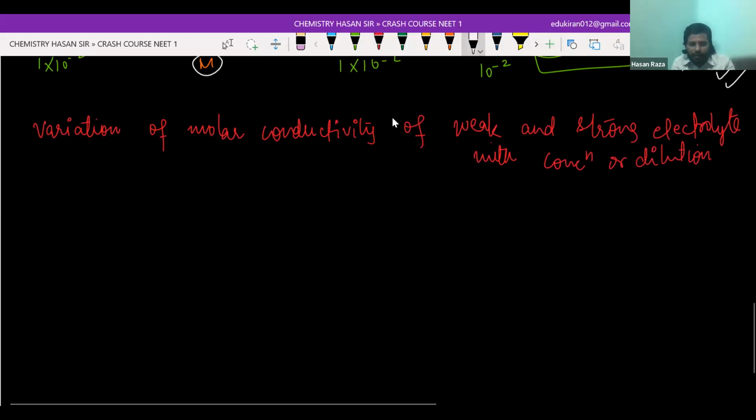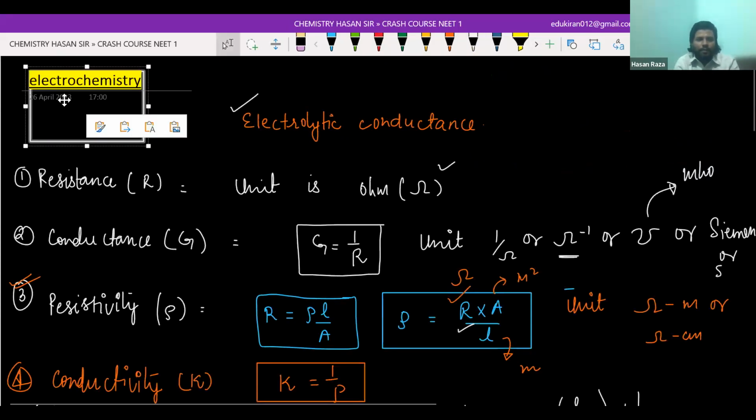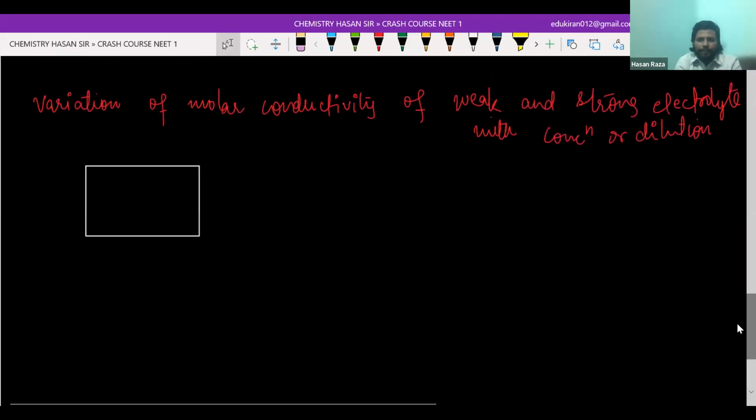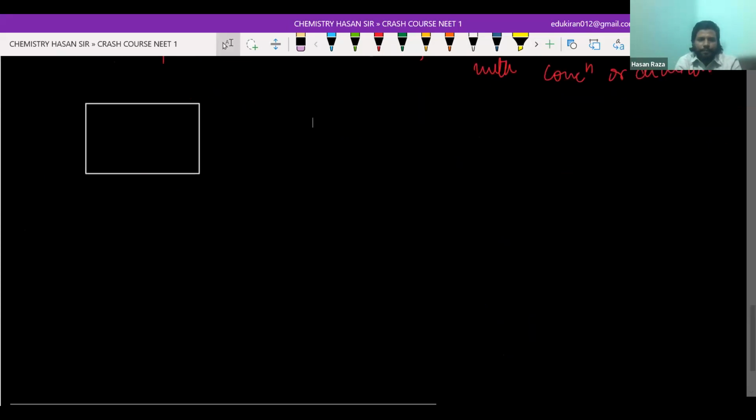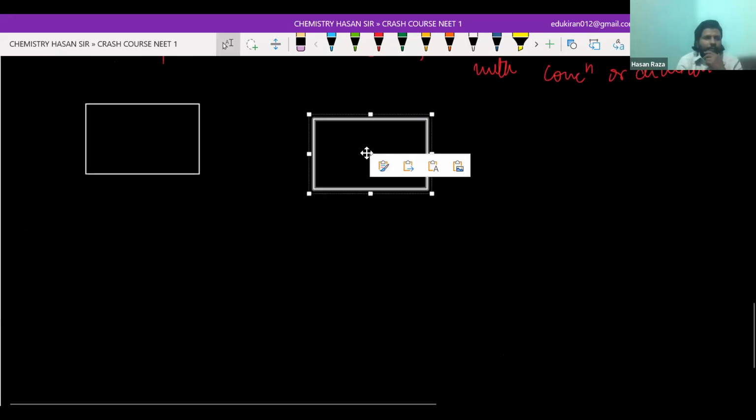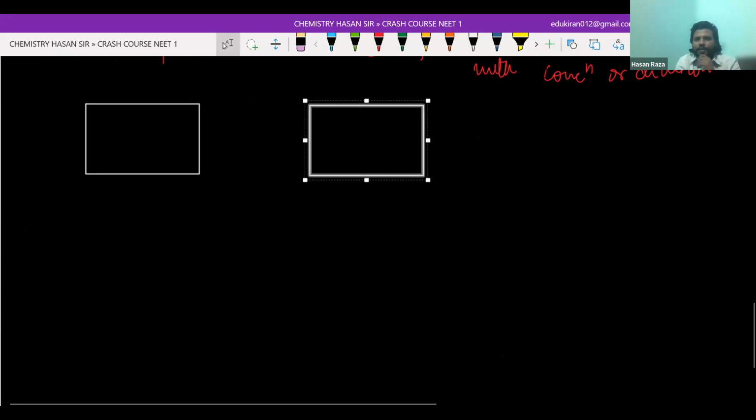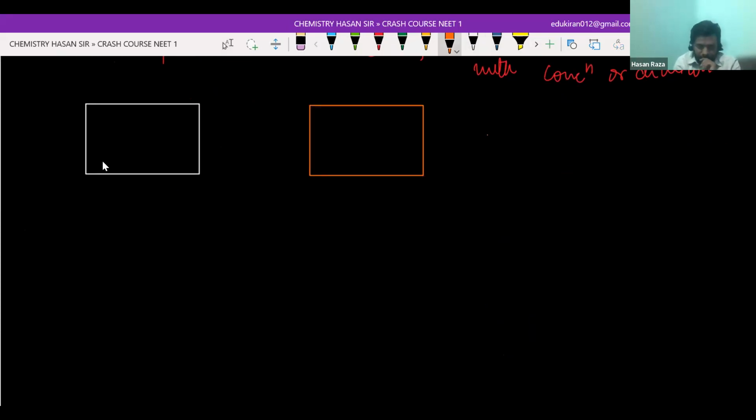It's very easy. Basically, what I want to say is that there is a container, in which this is your strong electrolyte and this is your weak electrolyte.